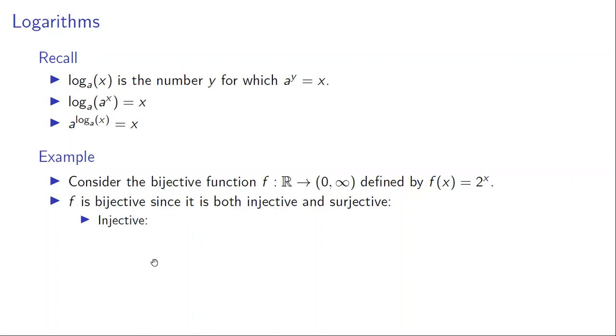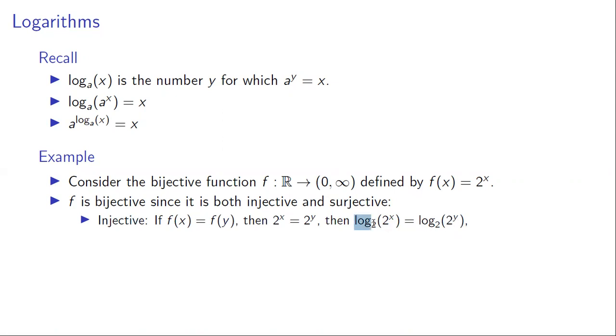Let's show that. So how do we know f is injective? If f of x is equal to f of y, that means that 2 to the power of x is equal to 2 to the power of y. Now, how do we simplify this? Well, we take the log base 2 of both sides. So log base 2 of 2 to the power of x is equal to log base 2 of 2 to the power of y.